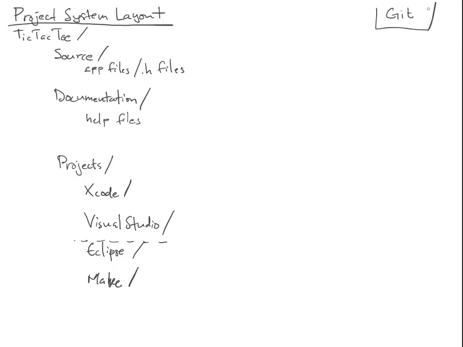What is Git? Git is a source control system. So what does that mean? Source control system is basically a mechanism for storing revisions that you make to individual files.